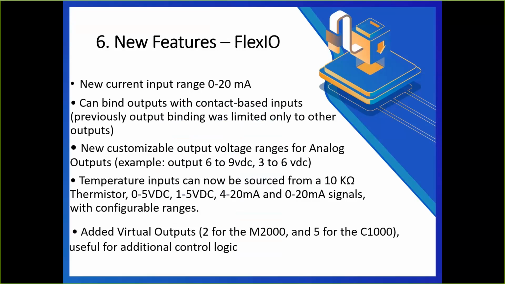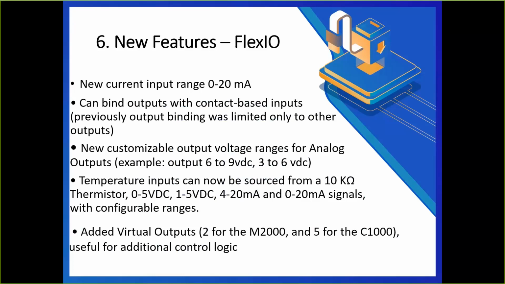So we've added a new current input range, 0 to 20 milliamps. It doesn't happen often, but it can happen. Previously, we could only bind to another contact-based output, whether it was on or off. And so if we needed to bind to an input, logically we had to sacrifice an output for that binding.